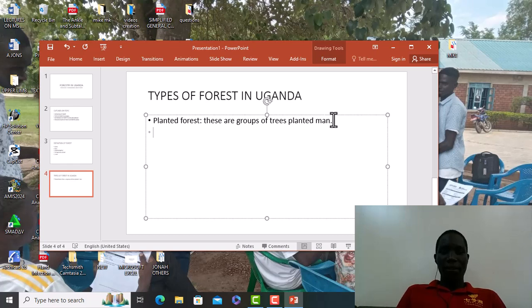And the second type of forest we have is natural forest.